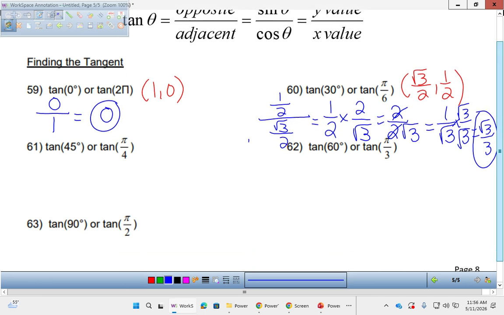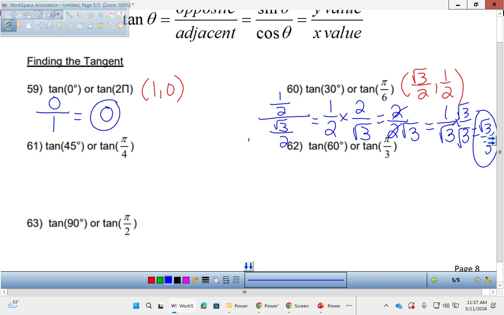All right, so I keep going through the circle. 45 degrees, or pi over 4, has this coordinate point. And to find the tangent at that coordinate point, I'm going to do the y value divided by the x value.